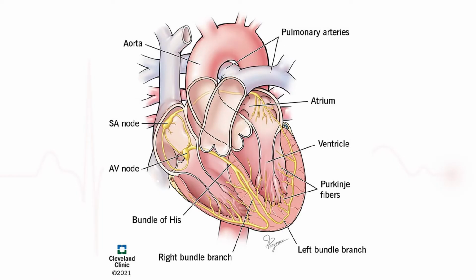Okay, I'm going to explain it as I go. What's going to happen is the SA node fibers are going to generate their own action potential. That action potential is going to begin propagating throughout all of the contractile cardiac fibers of the right and left atrium, and it's going to propagate through them so fast.